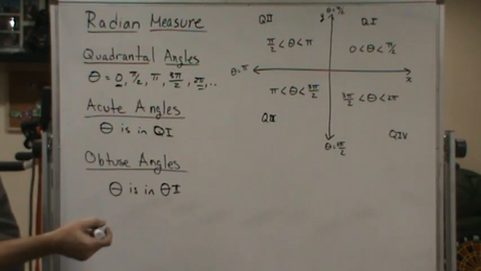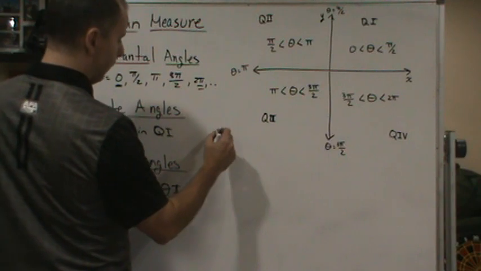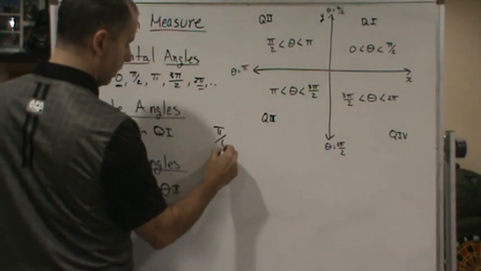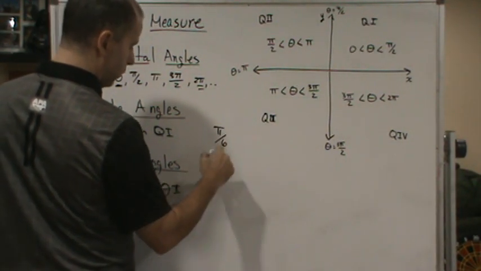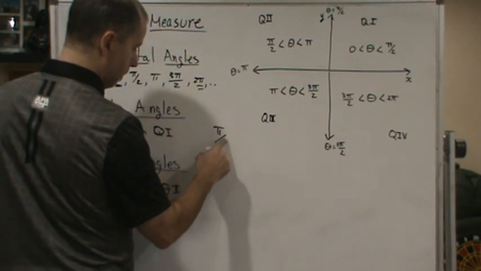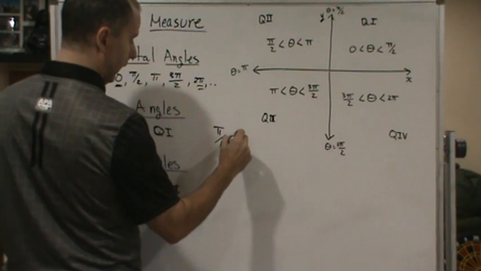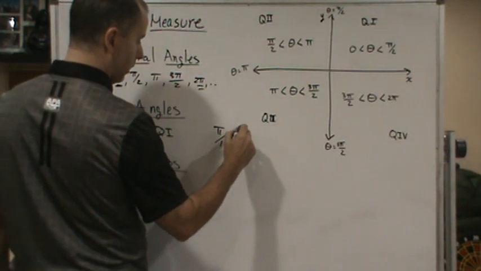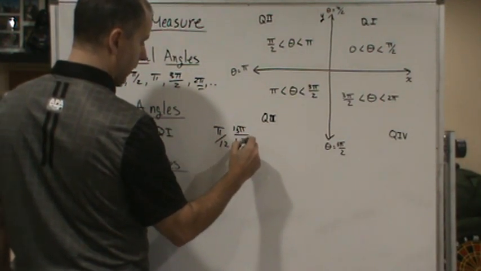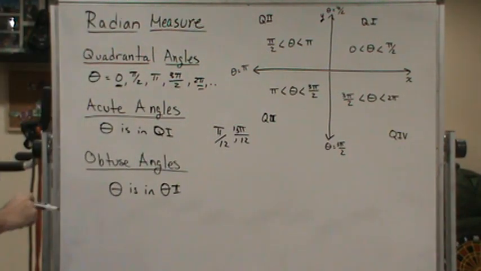Pi over 12 and 13 pi over 12 are coterminal angles.